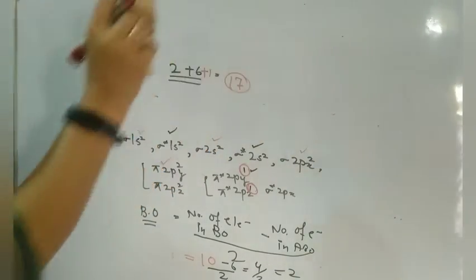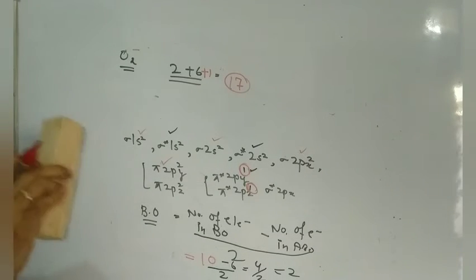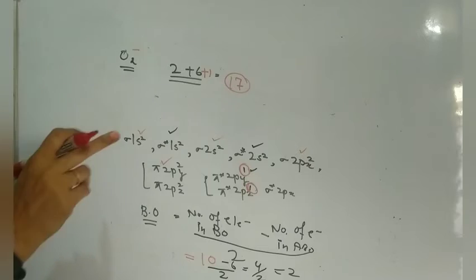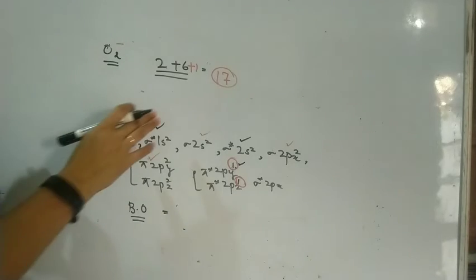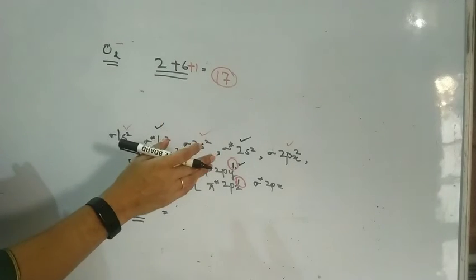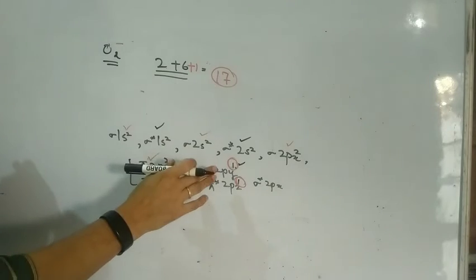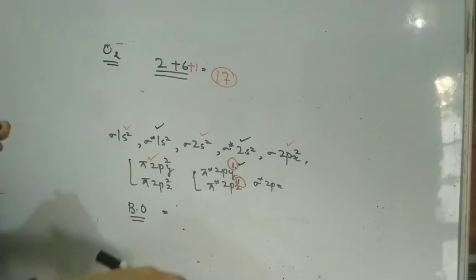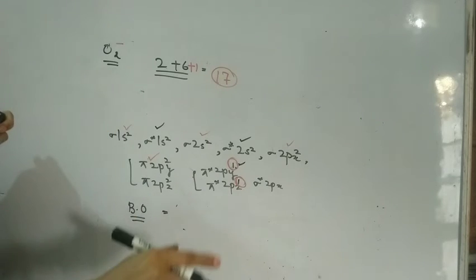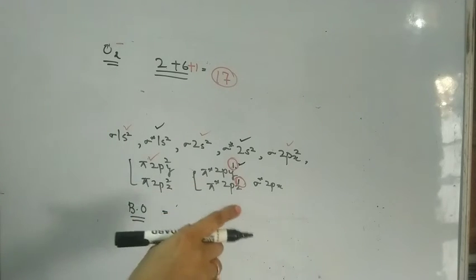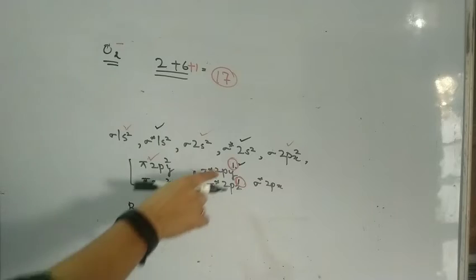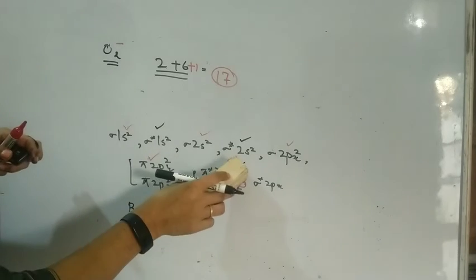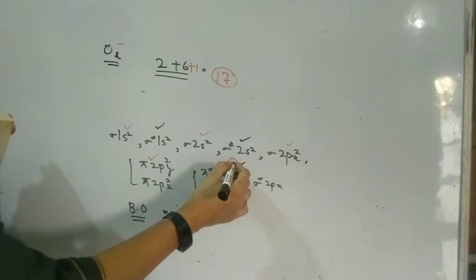Let's check it out. So the configuration will remain the same as we are talking about oxygen, but here as one electron is added, we are just seeing where it will go. We know the rule, the pairing of electrons will not take place until each orbital is singly occupied. They are already singly occupied, so the addition of an electron will take place over here and become paired up.